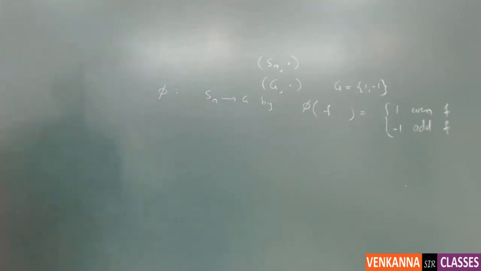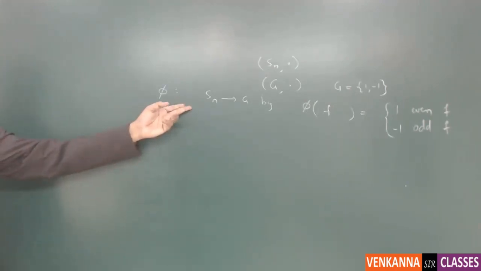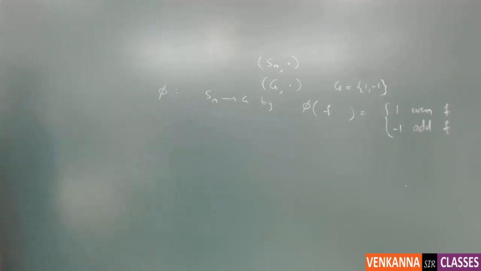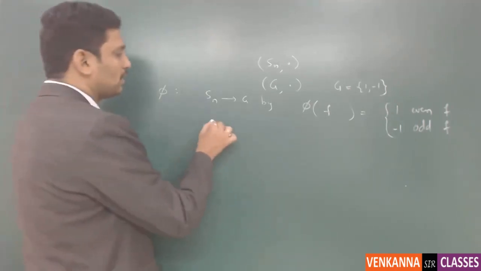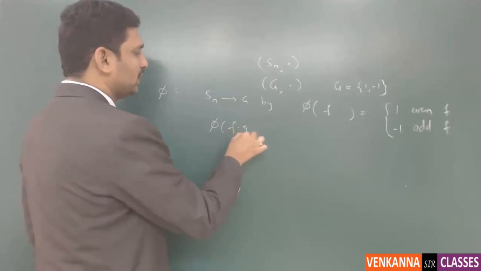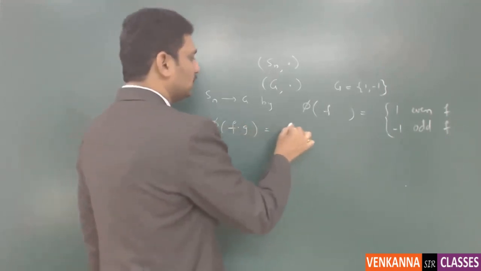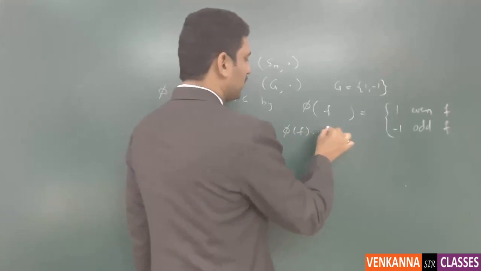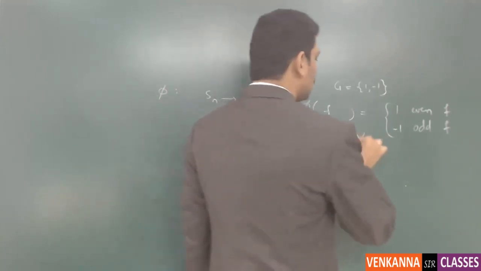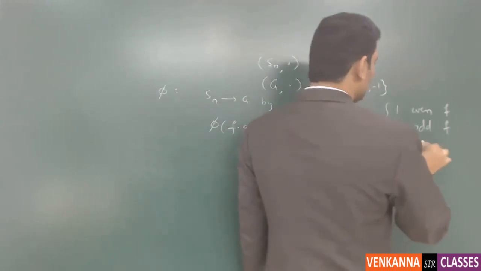Is it comfortable to understand? Tell me. Yes or no? Now, let us verify whether it is a homomorphism or not. You have to verify that phi of fg is equal to phi of f dot phi of g for all permutations f, g belonging to Sn.